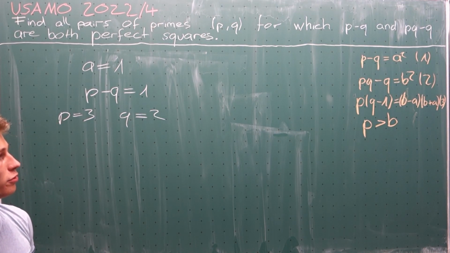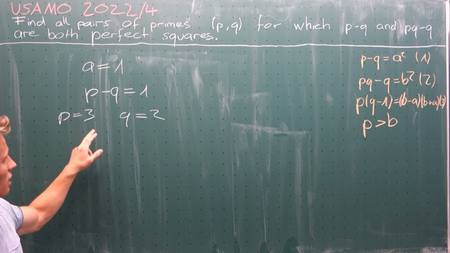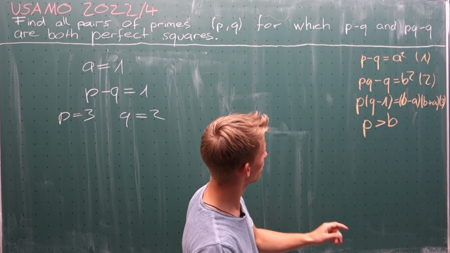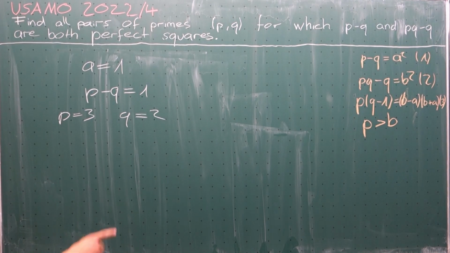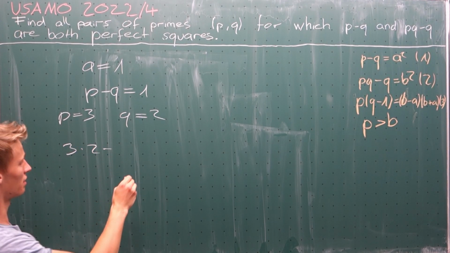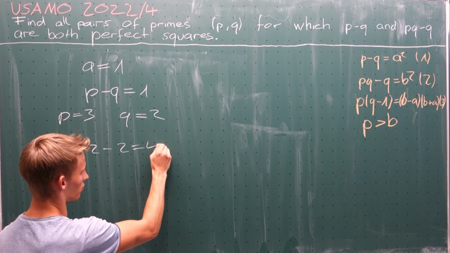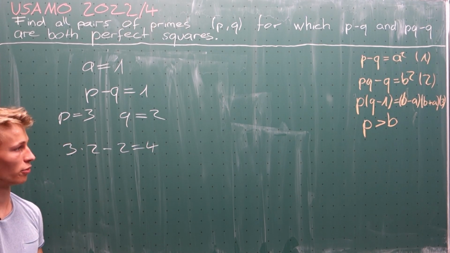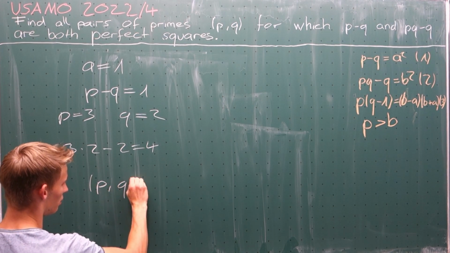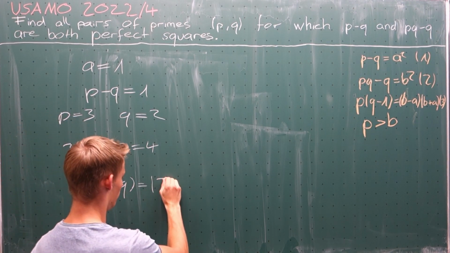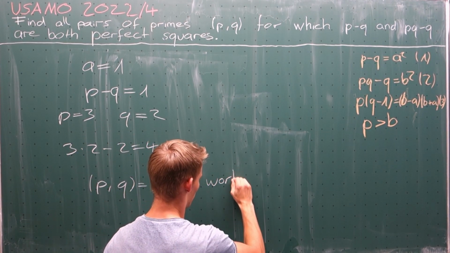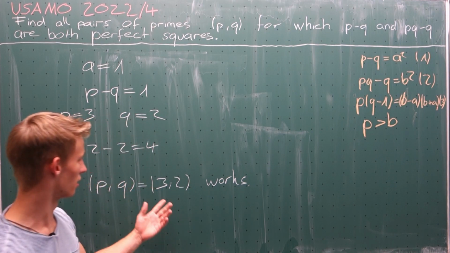The last thing we have to do is to check if p equal to 3 and q equal to 2 works for our equation 2. So let's put in 3 and 2, and we get 3 times 2 minus 2 is equal to 4, and this is indeed a perfect square. So (p, q) equal to (3, 2) works, and this is our only solution.